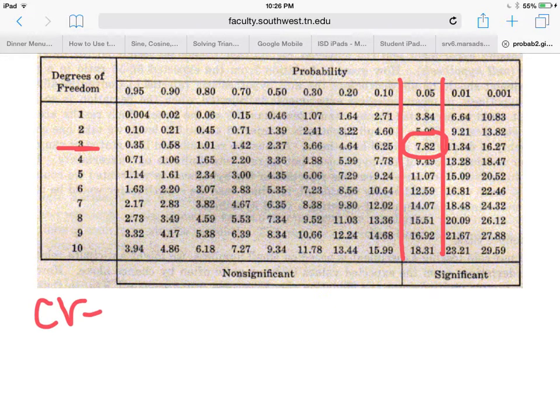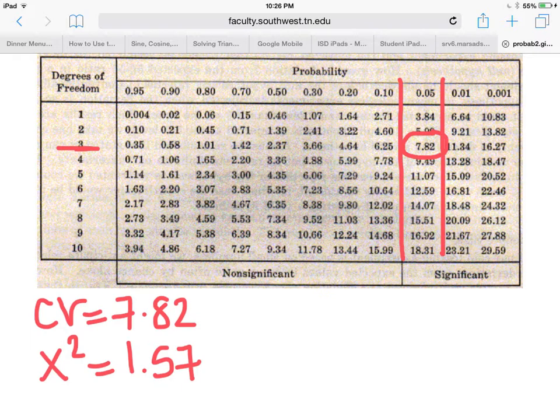So the critical value is 7.82. Our chi-square value was 1.57. 1.57 is smaller than 7.82, so it means we are moving that way, which means that we would accept our null hypothesis.